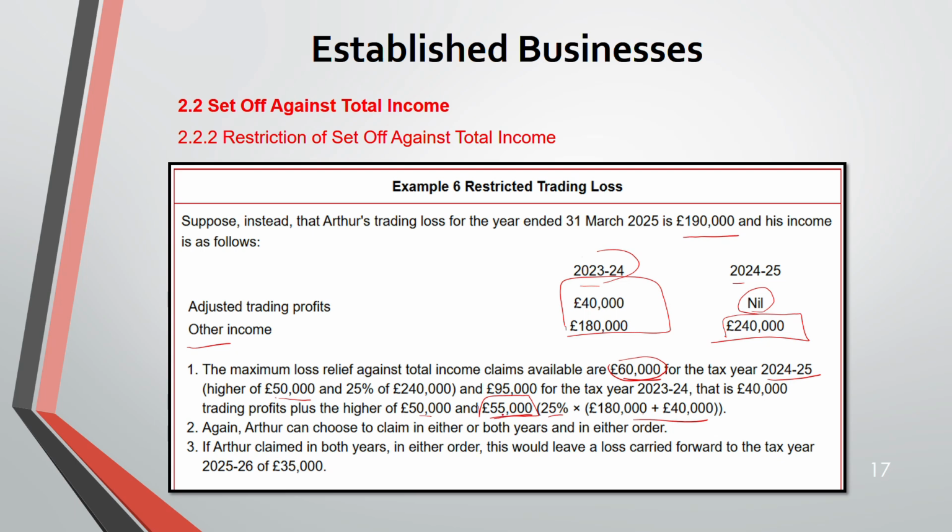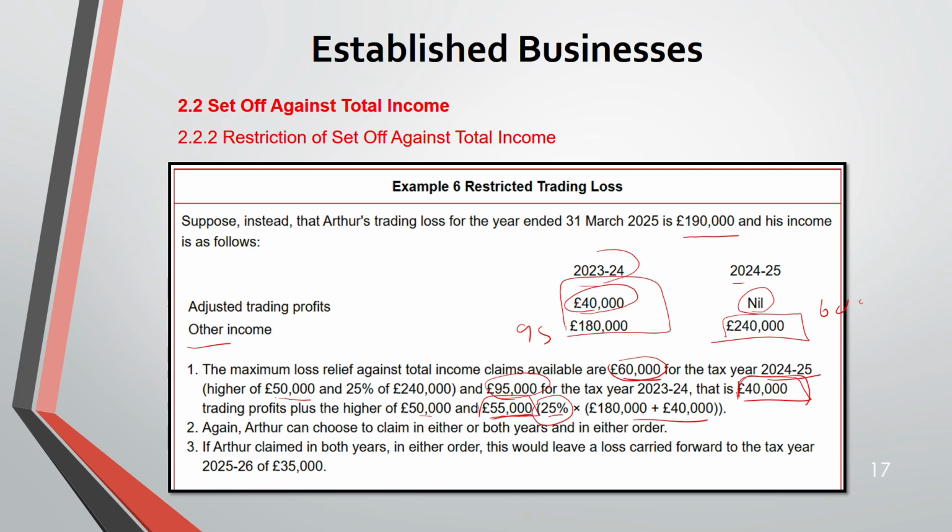So now with this 55, you have to add 40,000. Why? This trading profit. Here also you have to add 40,000 with 180 and then take 25%. Here, this 40 separately you have to add with 55,000. So total 95,000. So in the previous year, maximum is 95,000 and this year it is 60,000.